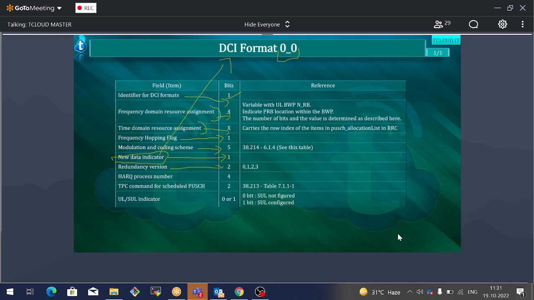Redundancy version, the possible values are again 0 to 3, 2 bits. So each number would tell: 0 means redundancy version 0, and 1, 2, 3 can typically be used when the MCS index values are 29, 30, and 31 during retransmission. So which version of coded bits you want for incremental redundancy.